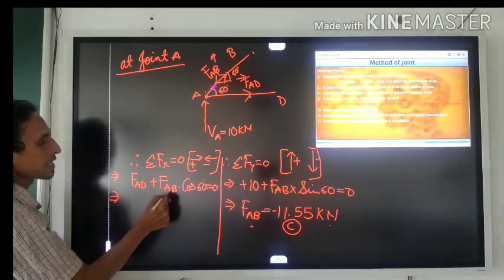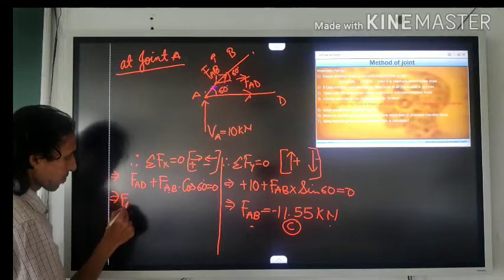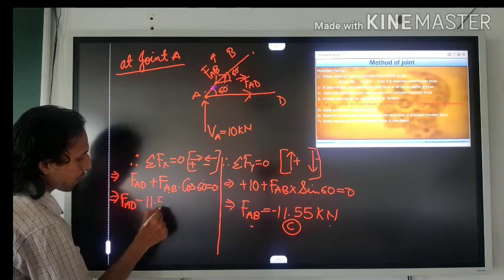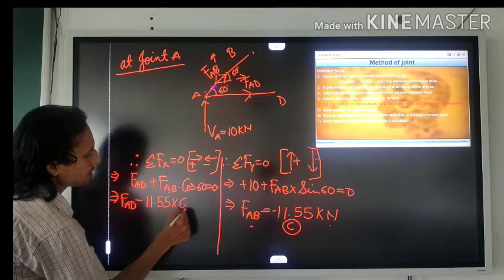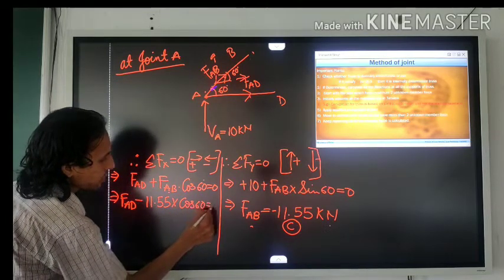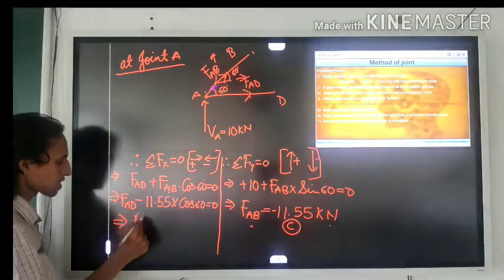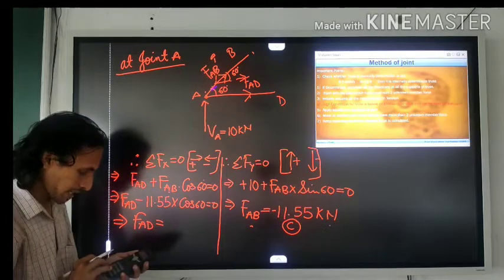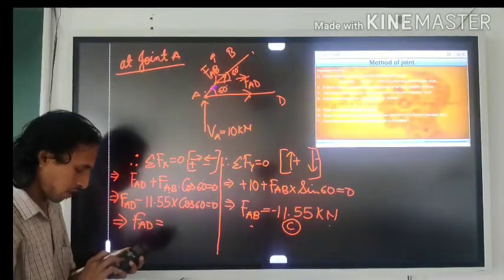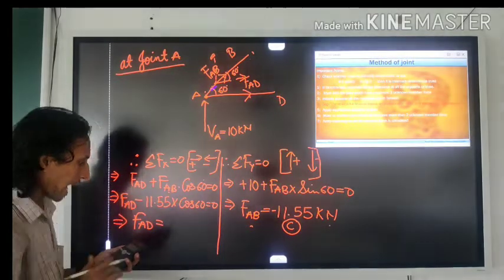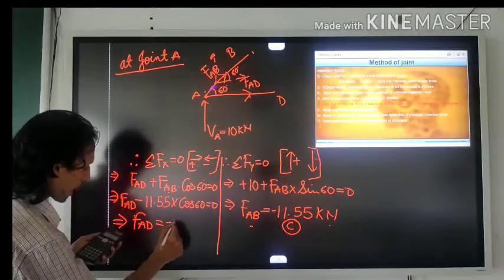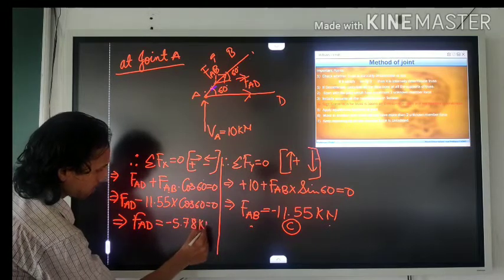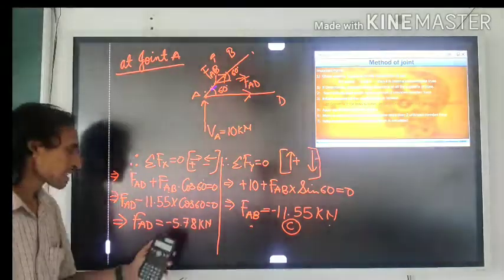Now since we have already calculated this one, you can put the value minus 11.55 into cos 60 is equal to 0, and when you solve this you will get FAD is equal to minus 11.55 multiplied by cos 60, and its value comes out to be 5.78 kilonewton. Okay, so again the sign is negative.